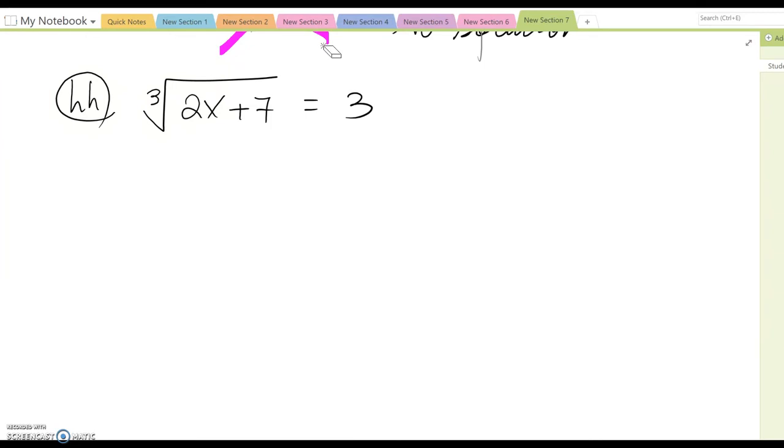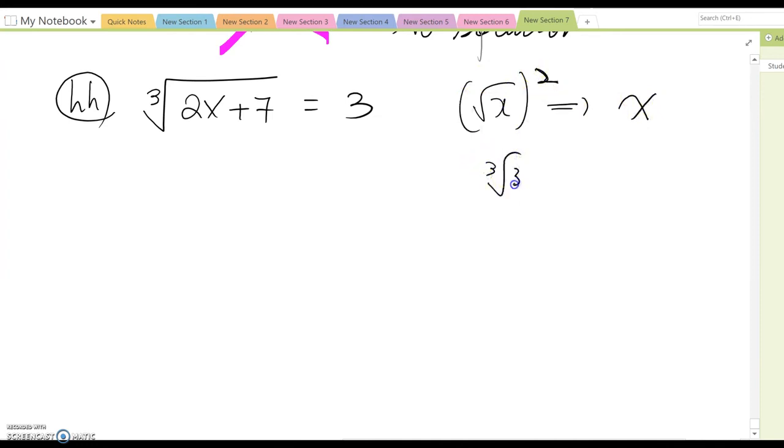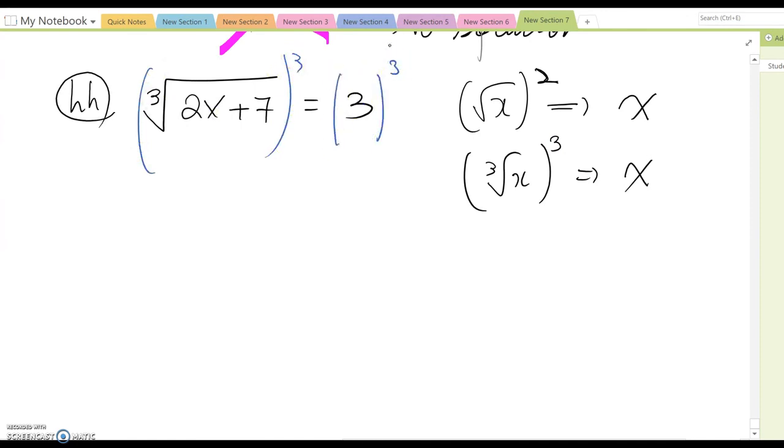When we do the square root case, in order to make a single x, we square them. Then if we have a cube root, you need to cube so that it becomes single x. Therefore, you are cubing both sides here.